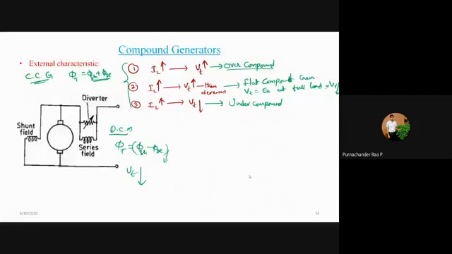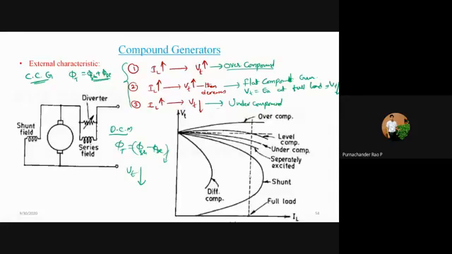So can you see this? Okay, can you see this now? In the first case, as the load current is increasing, your terminal voltage goes on increasing. Always it is increasing, and therefore this is called an over compound generator.